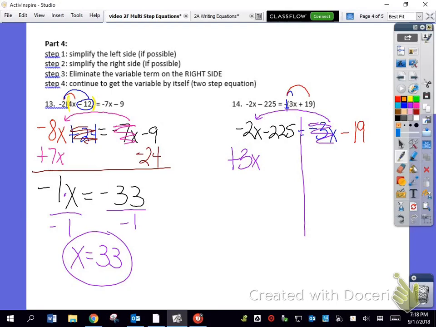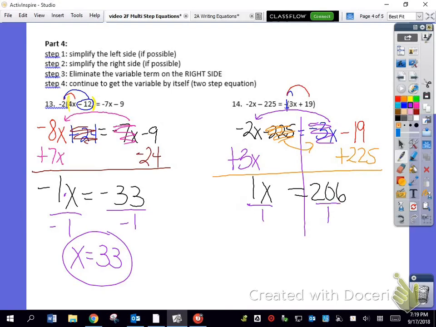And I want to move negative 225 to the other side, so that becomes positive 225. And he's gone. So now, negative 2 plus 3 is positive 1x equals, negative 19 plus 225 is 206. And the opposite of multiplying by 1 is to divide by 1. So x equals 206.